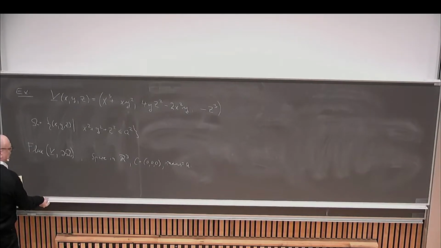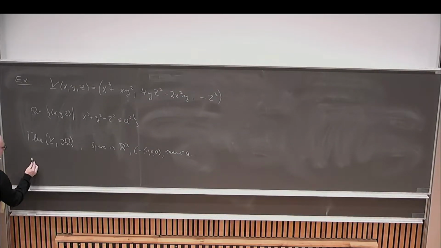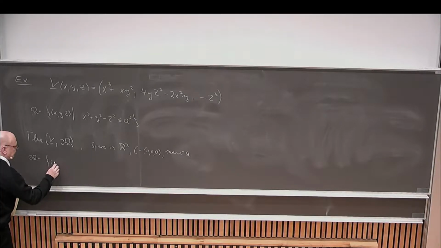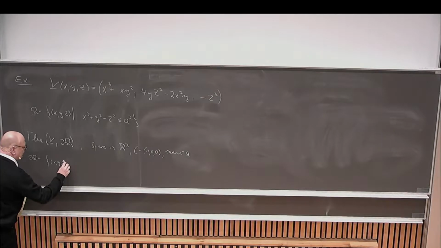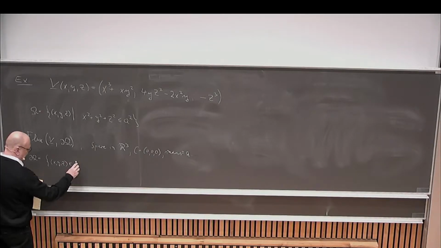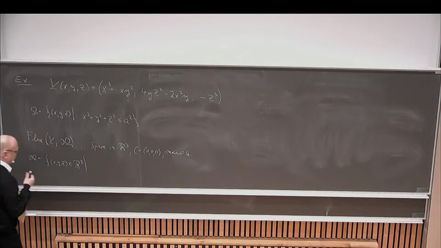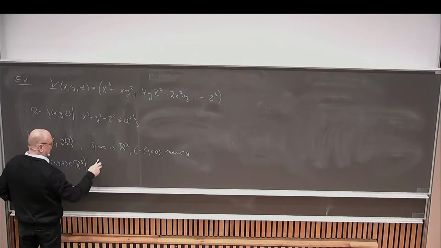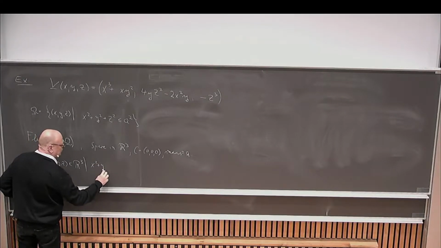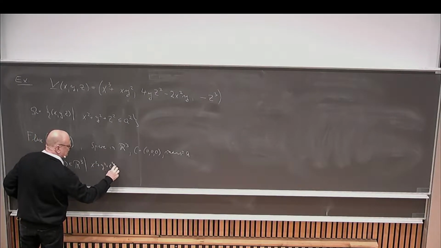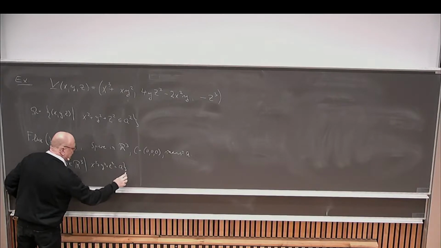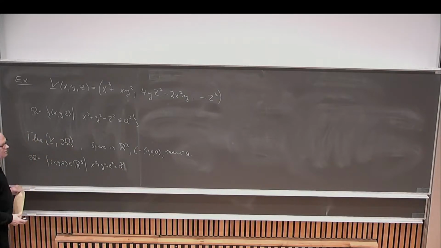Now, I start by writing down the set of points for the boundary. Here you have R3, and here you simply just use the equality sign. You get x squared plus y squared plus z squared equal to a squared. So this is the boundary.